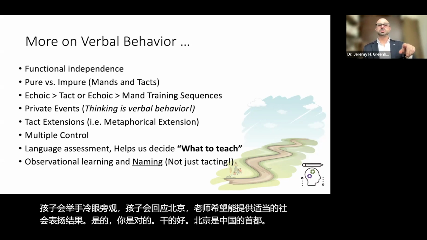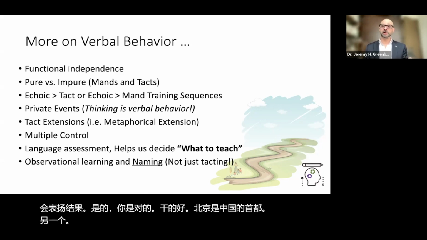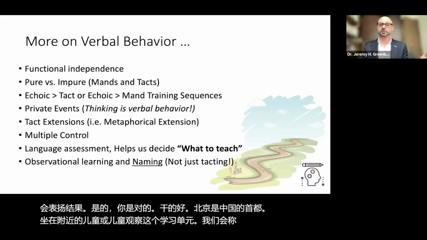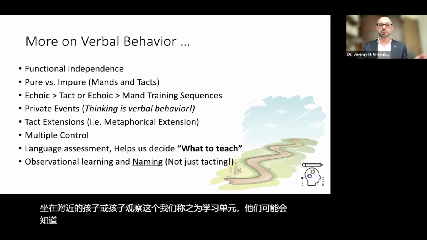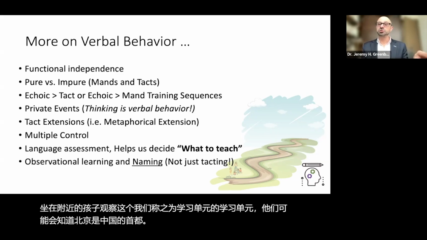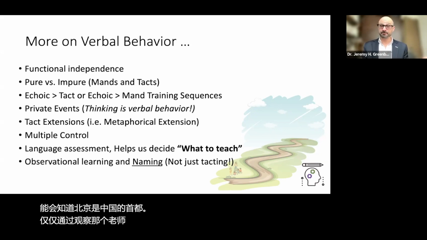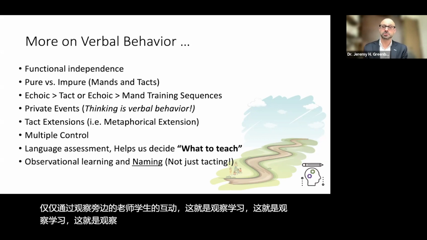The other child or children sitting nearby observe this learn unit, we would call it, and they're probably going to learn that Beijing is the capital of China simply by observing the teacher-student interaction next to them. That's observational learning. That's how group instruction is able to work.